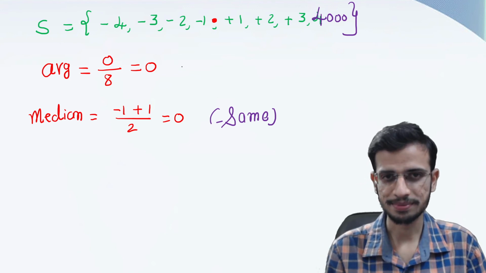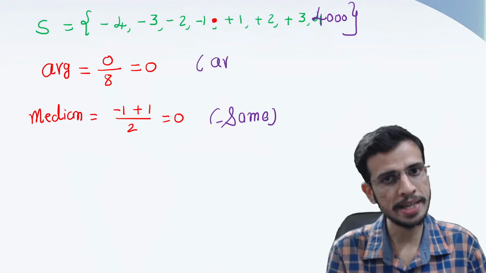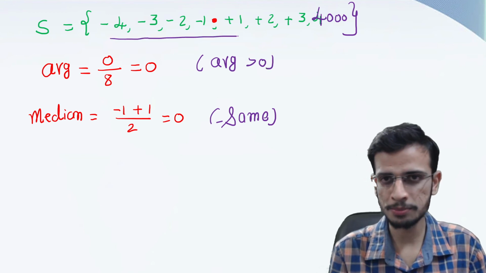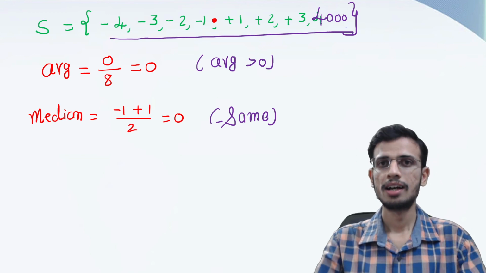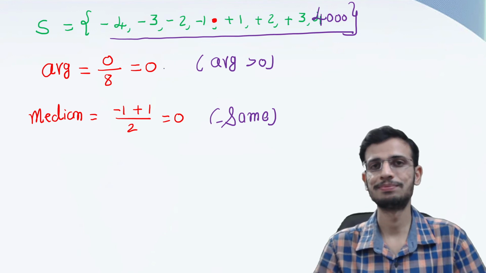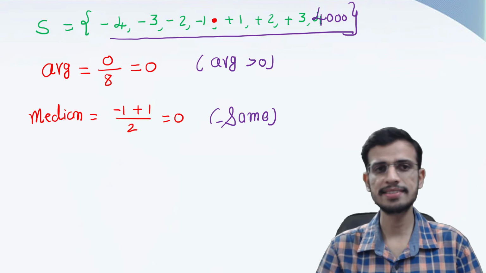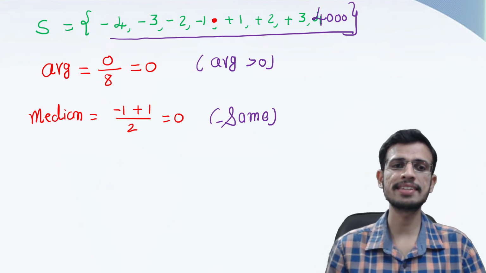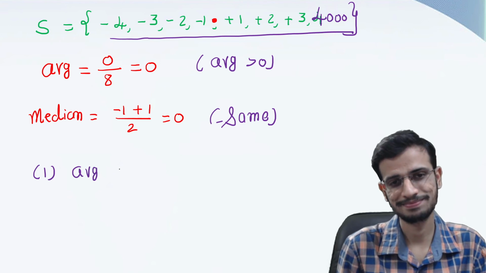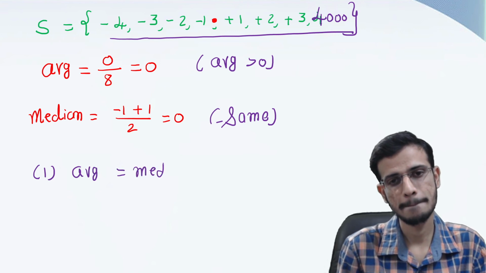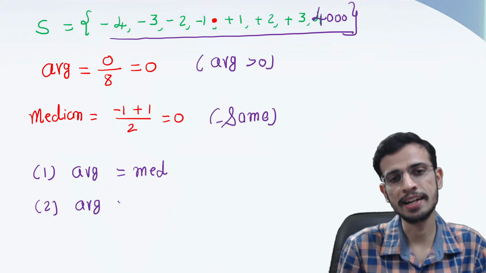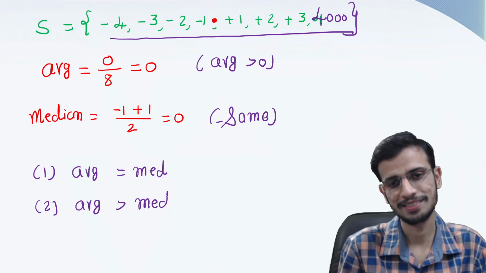But average will be greater than 0, yes or no? If we add these terms, sum will be positive. Positive divided by 8 will be greater than 0. So in the first case, average was equal to median, right? In the second case, average is greater than median, because median is 0.